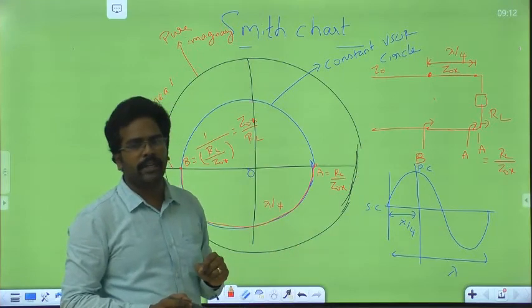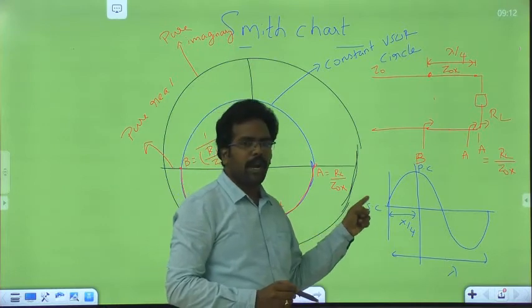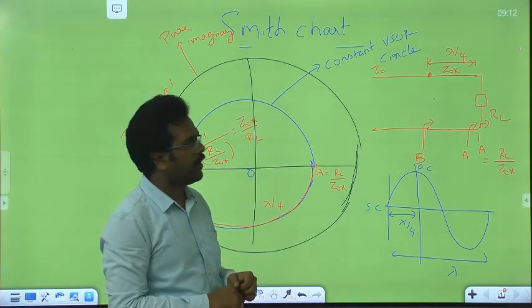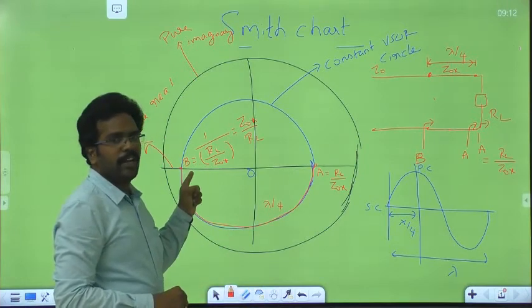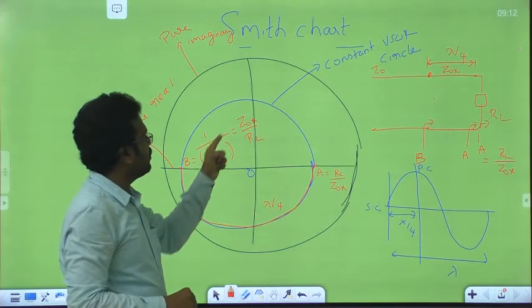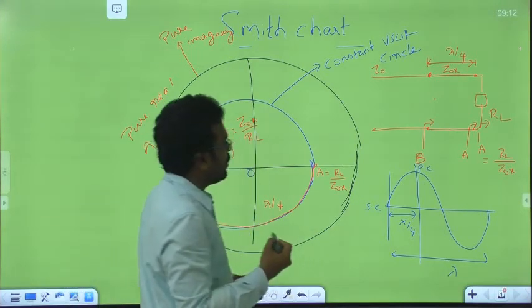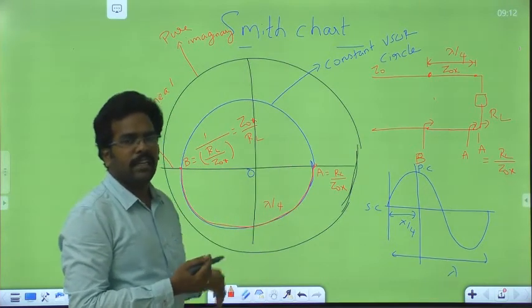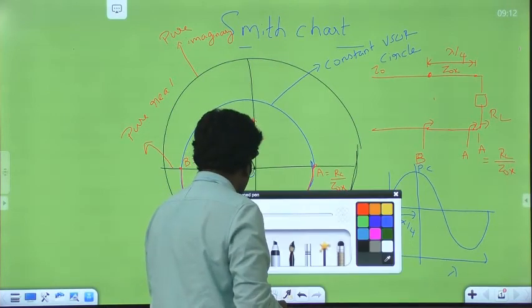There's one more point regarding the Smith chart. Traveling a distance of lambda by 4 on the Smith chart gives the inverse point. Therefore, the normalized impedance at B is equal to Z0X by RL. Okay. So what are we trying to say here? After this quarter transformer, definitely the impedance must be matched.